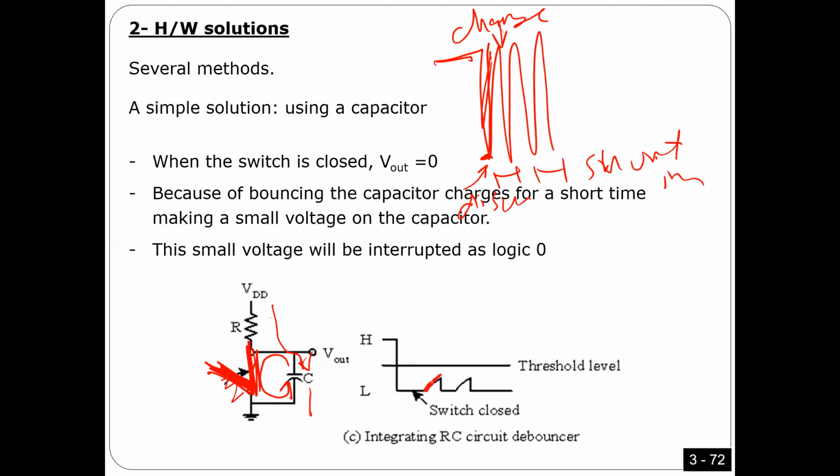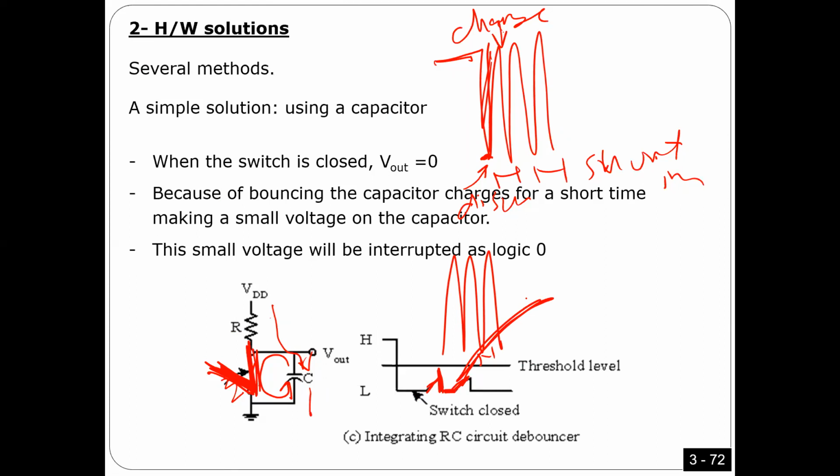But you are not gonna keep it charging until it becomes high, because it's a short period. You are gonna charge for a little time and then the switch is gonna be closed, so you discharge. And then after some time, when another ripple comes this way, you are gonna charge, but the bouncing time is not large enough to charge all the way to here.